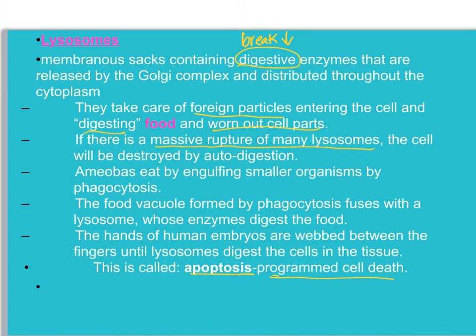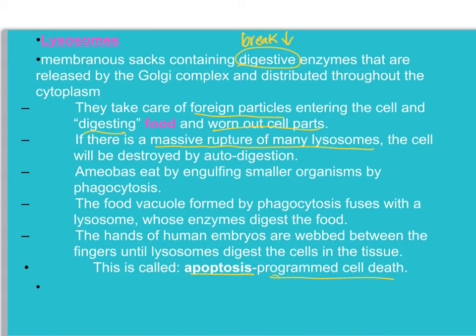Once they get considered old, they're going to start to not work as well. And when your cells don't work as well, they could possibly become cancerous or just malfunction, and you don't want that. So those cells kill themselves, because remember, cells are always going to be in a process of reproduction, except for those other cells I mentioned before.